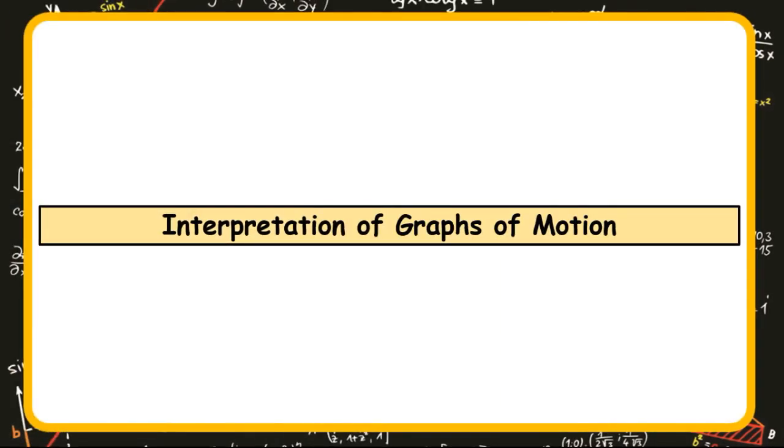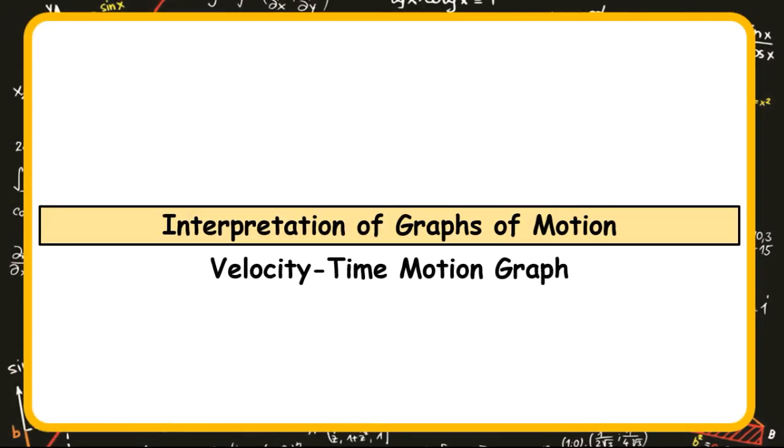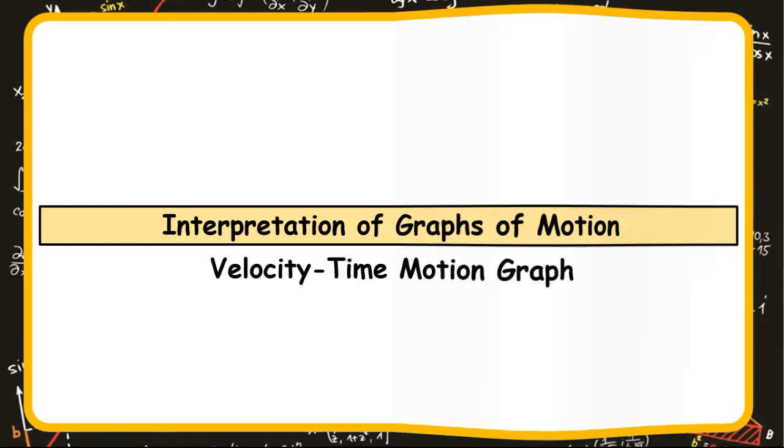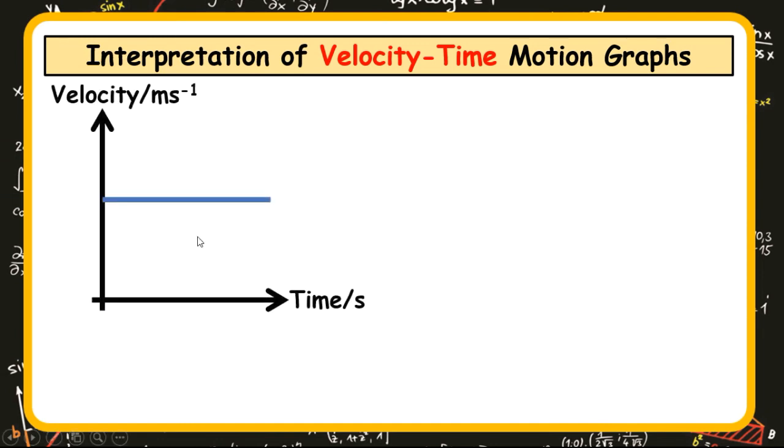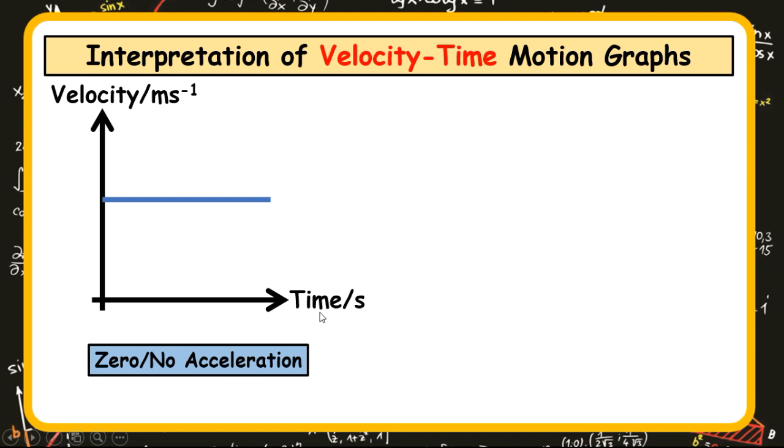Another interpretation will be made for the velocity-time motion graph, which also follows the same trend. A graph with a horizontal plot like this, on a velocity plotted against time, is called no or zero acceleration.